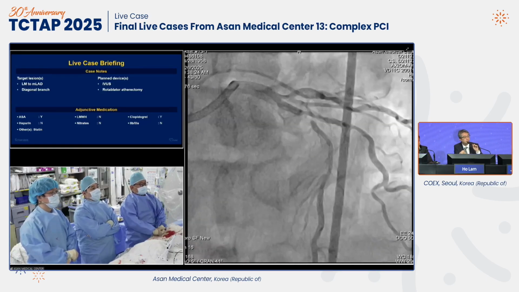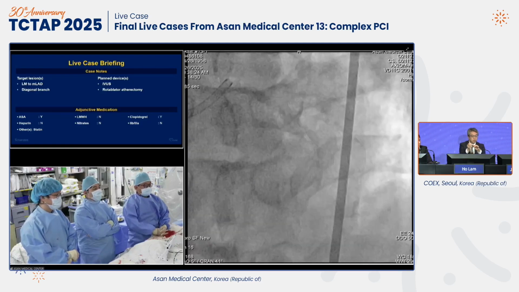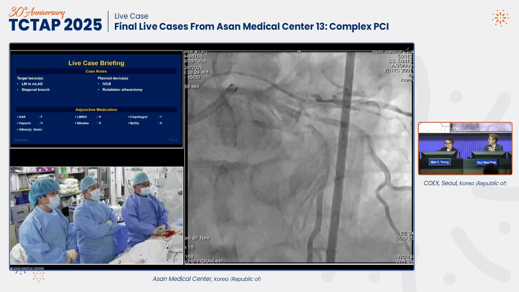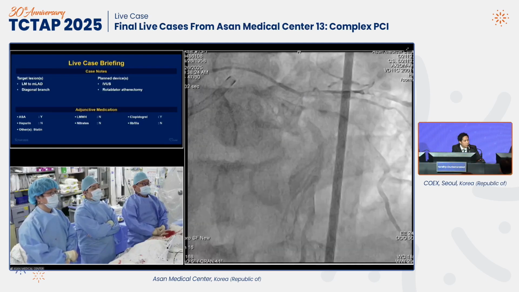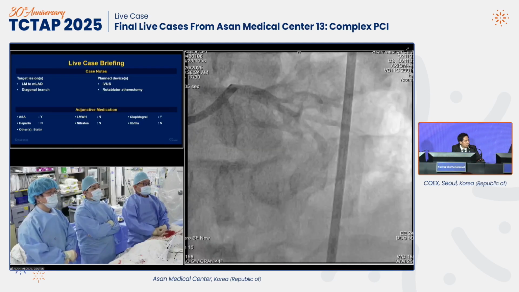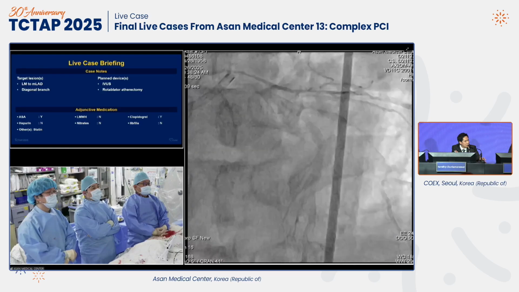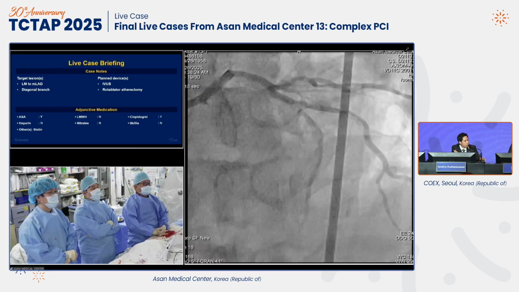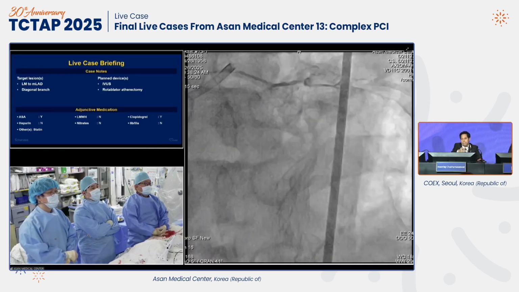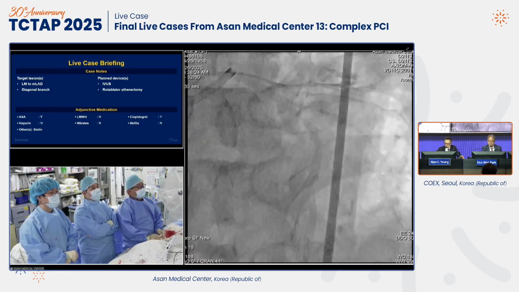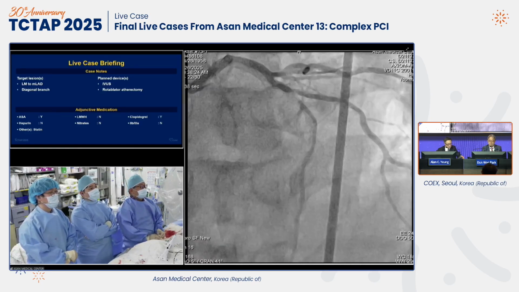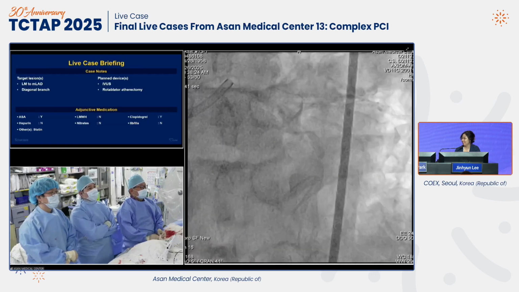So rota should be the first choice. Rotablation, first choice. Yeah, in Thailand only rotablator is available, but I would like to see the wire bias from the IVUS because if the bias is not good, we can use extra support with a wire. Honestly, for me, I don't think the diagonal looks really tight at the moment. I suggest maybe you can wire the diagonal and assess with the IVUS as well.